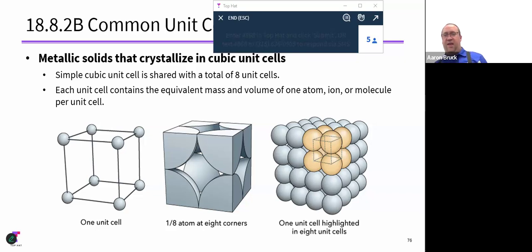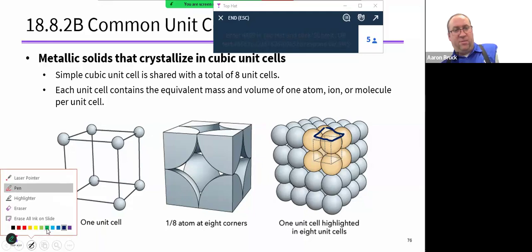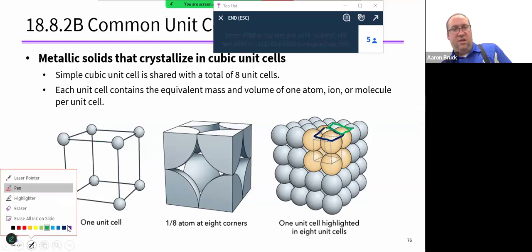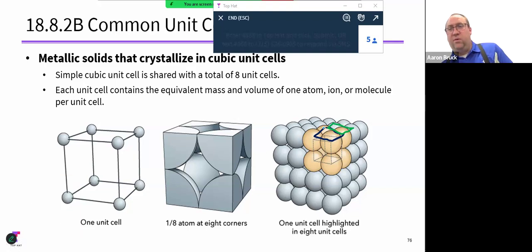If I look at any of these, I can see, okay, well, this one here, in addition to being a part of this unit cell grouping here, that one in the back would also be a part of this one that I'm labeling in green, this one that I'm labeling in light blue, and this one that I am labeling in yellow.